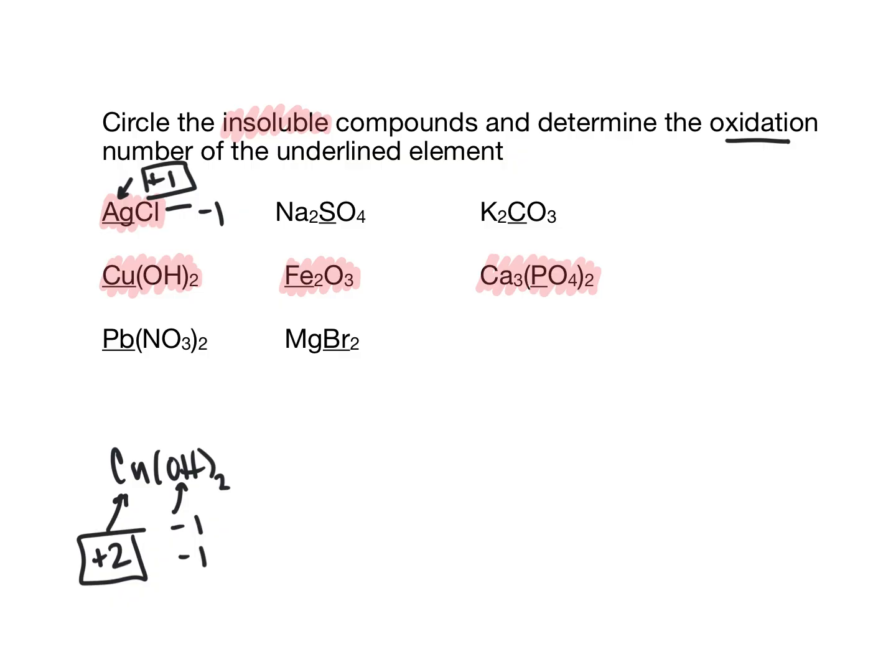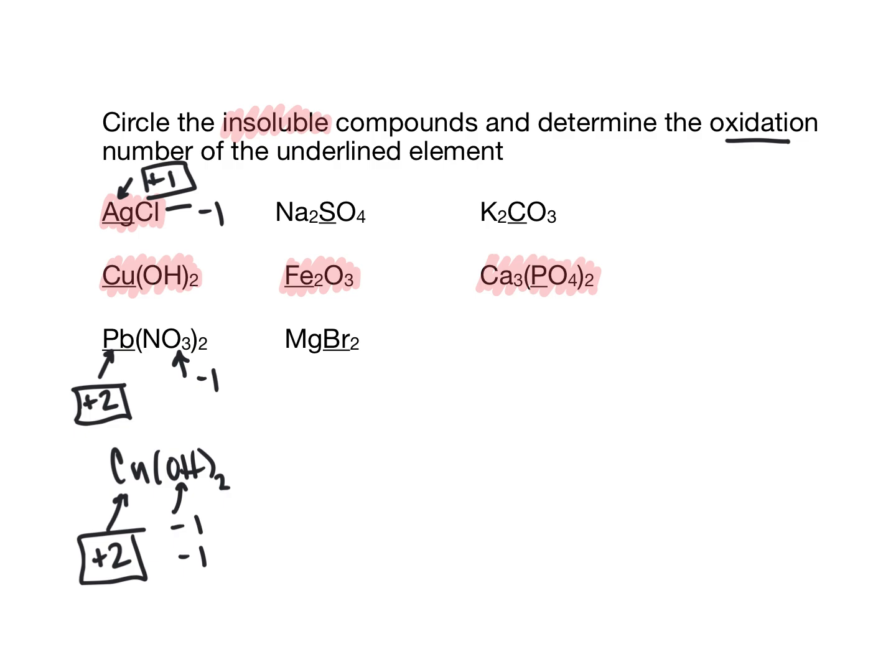You could have done this a number of ways to get to the same thing, but we can use the fact that the polyatomics have a charge, and we can go that way. The same thing will be true for our lead nitrate. If the nitrate is a -1, and there are 2 of them, the lead also has to be +2.